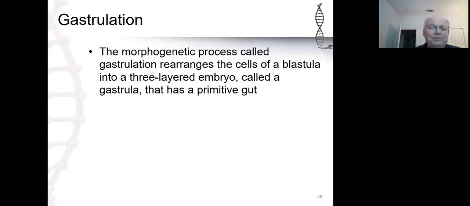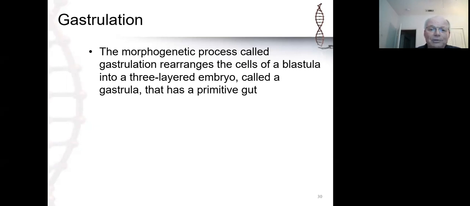At some point too, particularly in organisms where there is very little or no yolk, a primitive gut referred to as the archenteron will develop. It may or may not be functional.